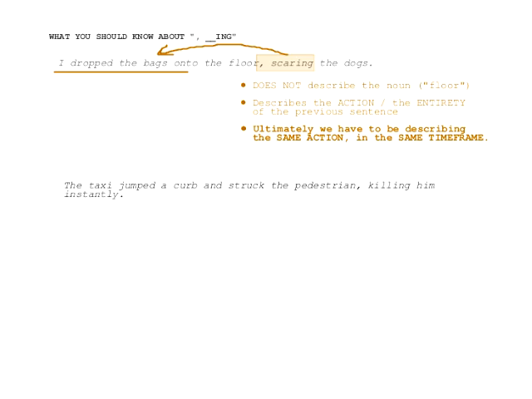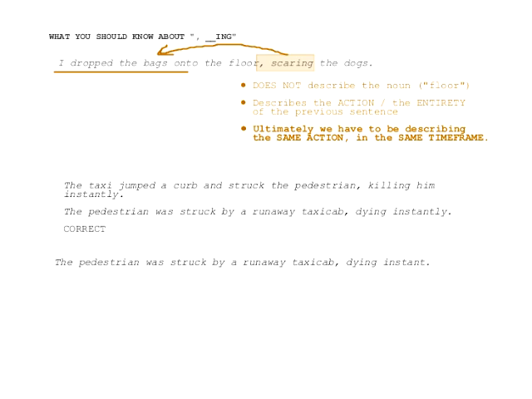Or the pedestrian was struck by a runaway taxicab, comma, dying instantly. These are correct sentences. Whereas if I tried to give you something like this, if I say dying 20 minutes later in the hospital, then this is not okay.